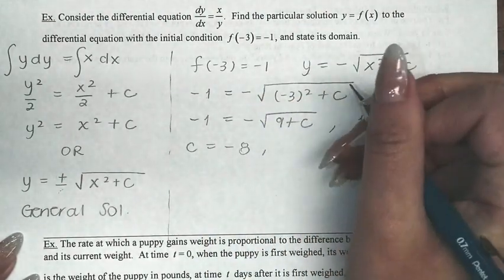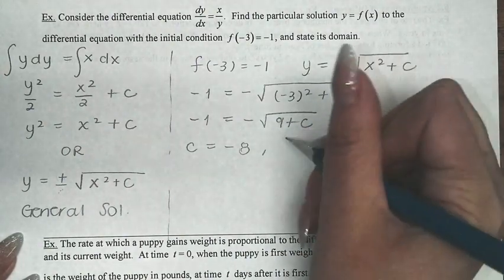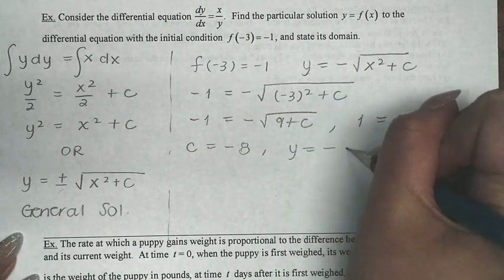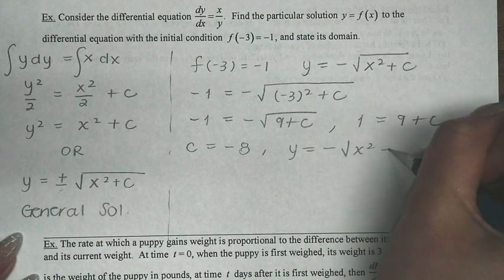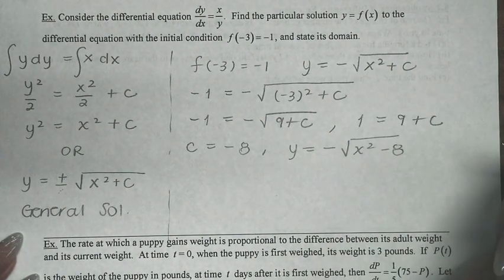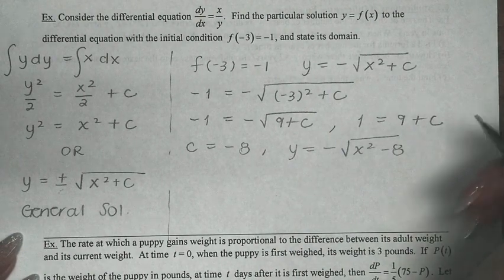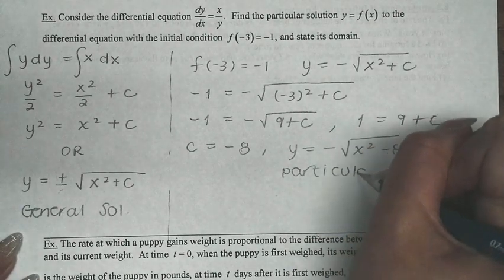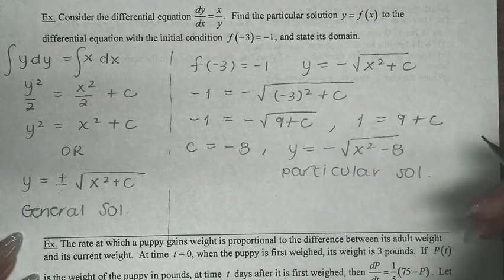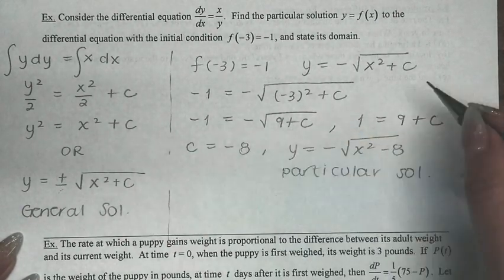So you have that your particular solution is going to be y equals negative root x squared minus 8 inside the square root. Okay, now what's the deal? This is your particular solution. Now you're going to tell me, okay, because I'm being consistent with what I have here.